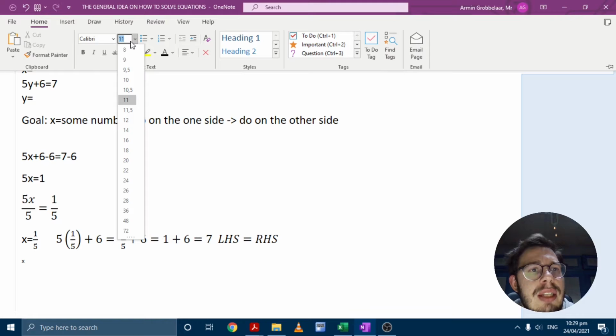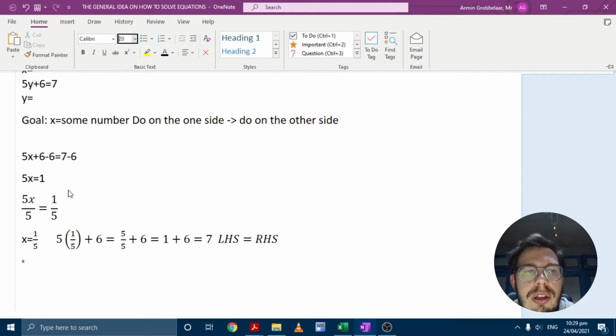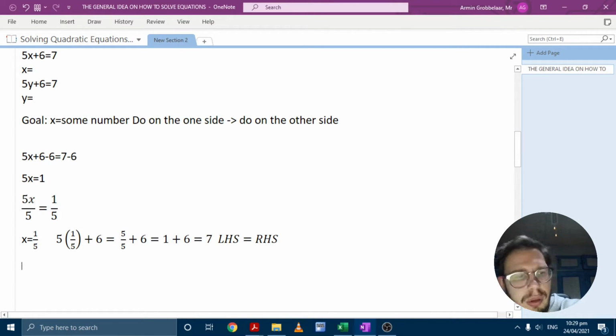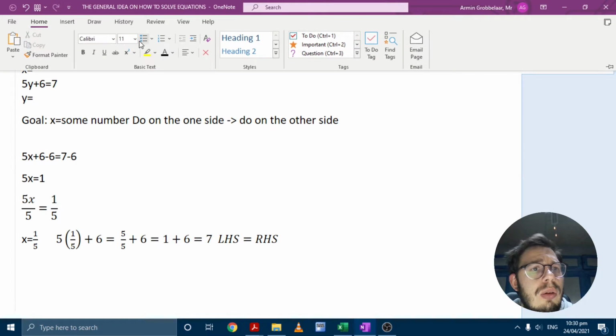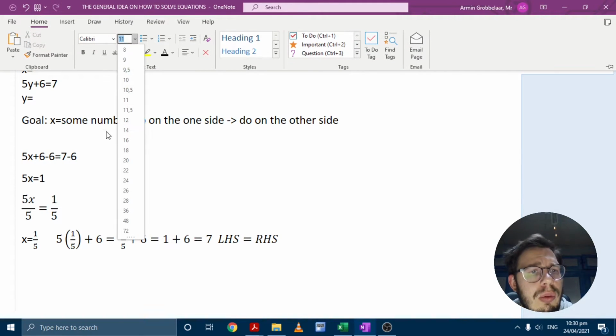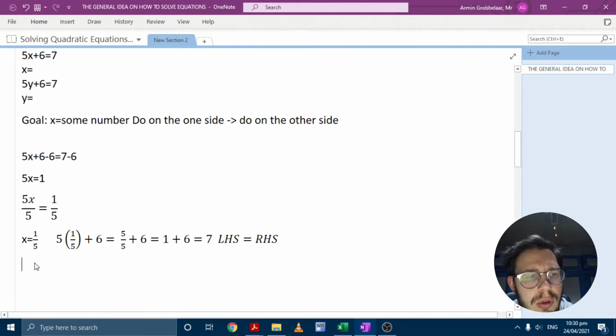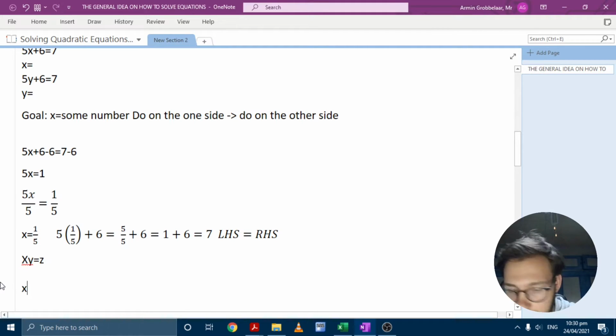Sorry that the text is so small. Now then they ask you to make x the subject. So they ask you x equal to something.